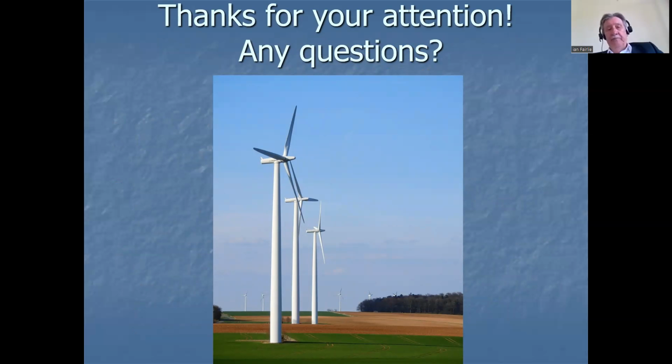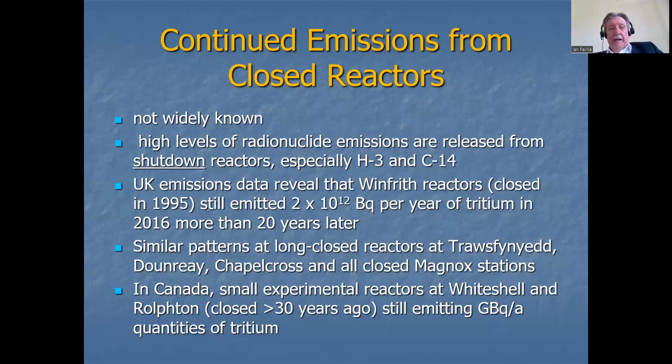Mary, could you go back to the previous slide, please? It's no good just me saying this is occurring, I better explain why. It's this. The tritium comes from the concrete structures of the reactor and the containment vessel. I'll repeat that.